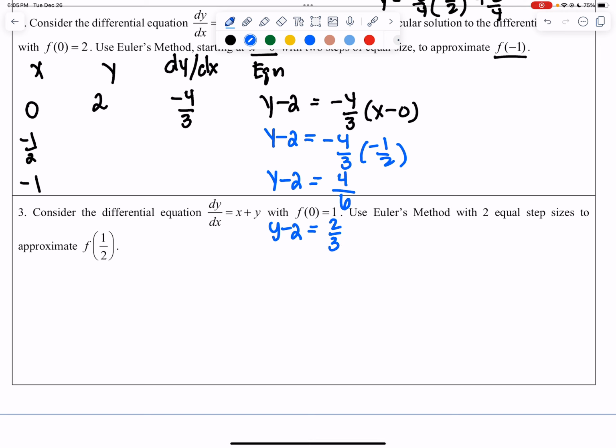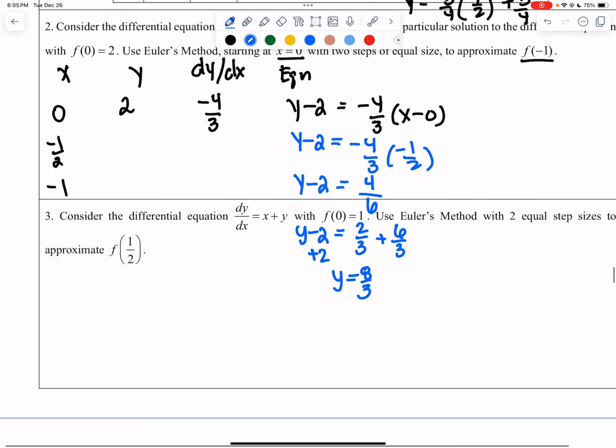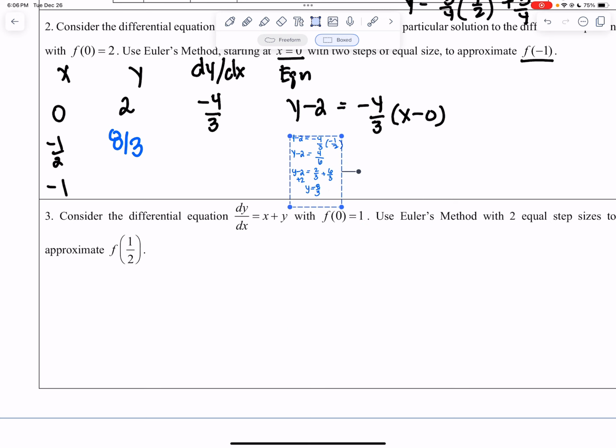I'm going to add 2. And if I'm adding 2, that's the same thing as adding 6/3. So 6/3. Y is 8/3. So this is approximately 8/3. Like I said, this obviously is not going to be fun in terms of algebra.